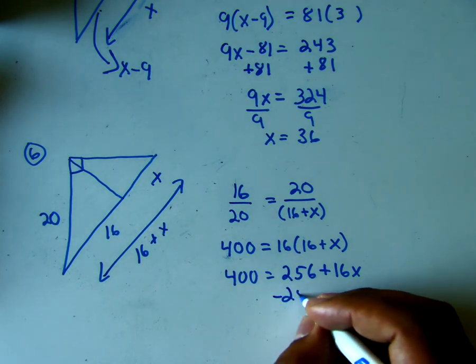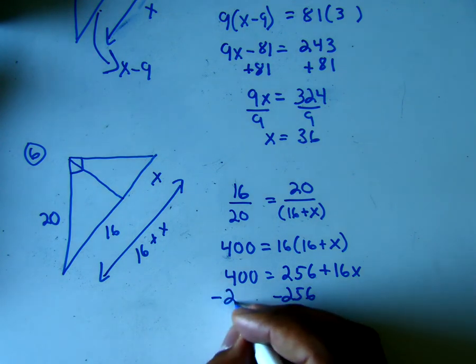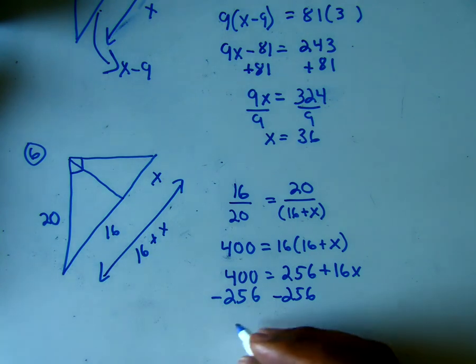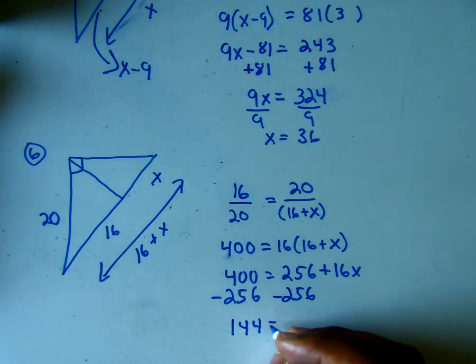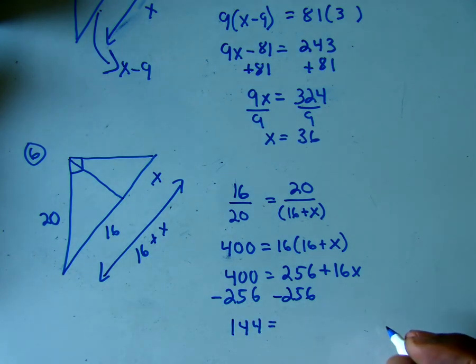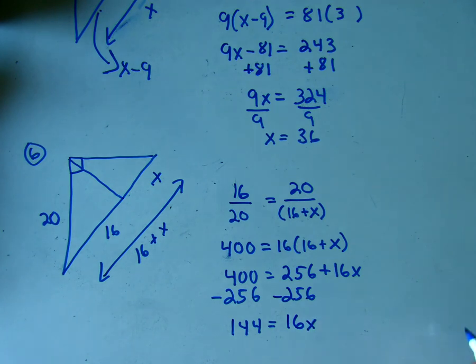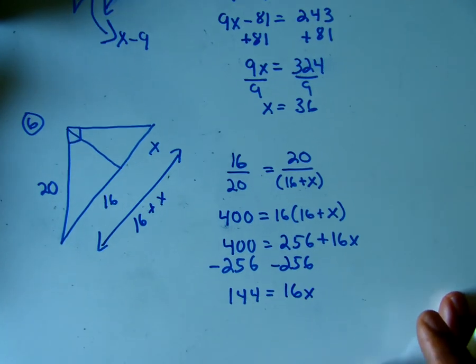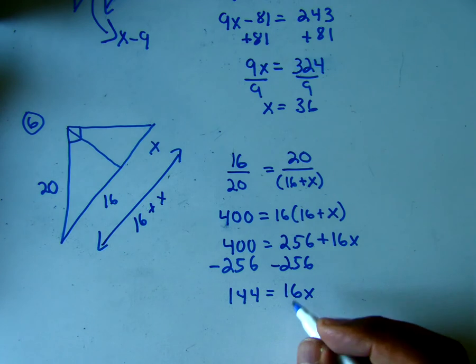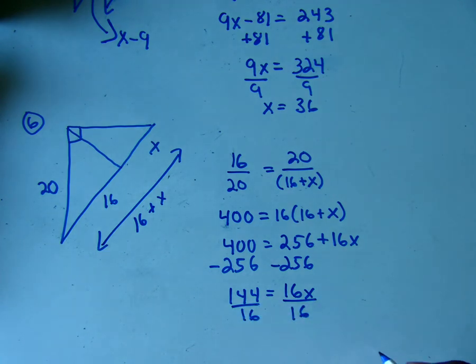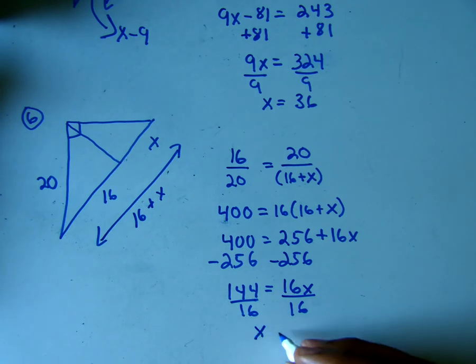Go ahead and subtract 256 on both sides. And that leaves 144 here. Bring down my 16x. And last but not least, go ahead and divide by 16. And x is equal to 9.